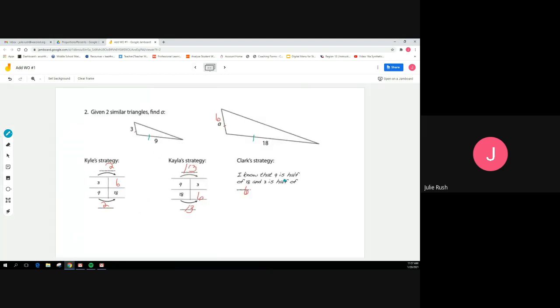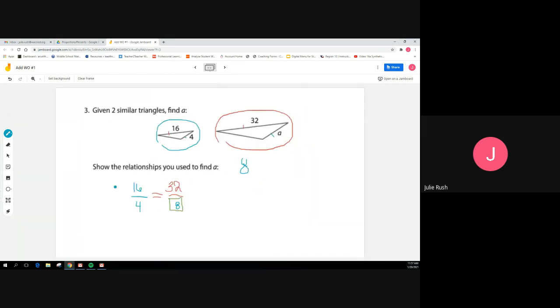Lots of different ways you could set it up. Kyle, Kayla, or Clark's makes no difference. Clark's, you really got to be up on your shapes. But notice when you set it up, you just have to make sure that the corresponding sides line up. So I could have written it as 16 over 32 equal to, so the 16 and the 4 have to be across from each other because they belong on the same triangle.